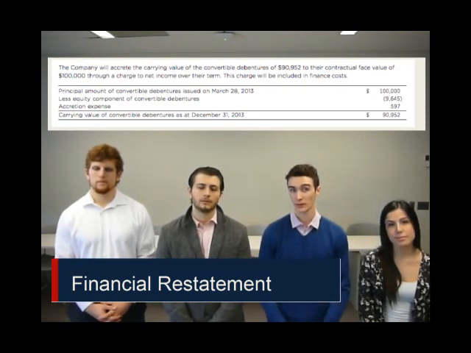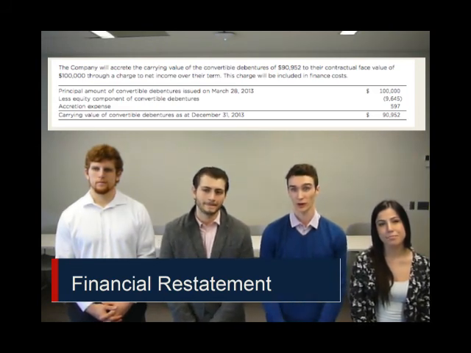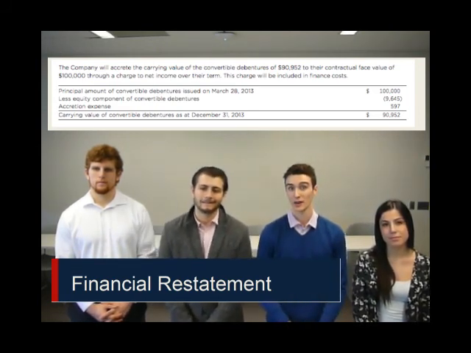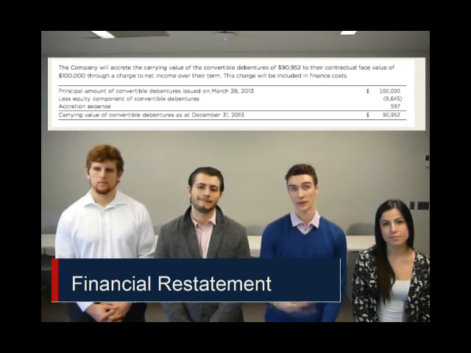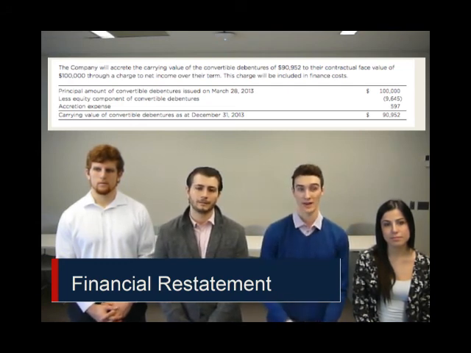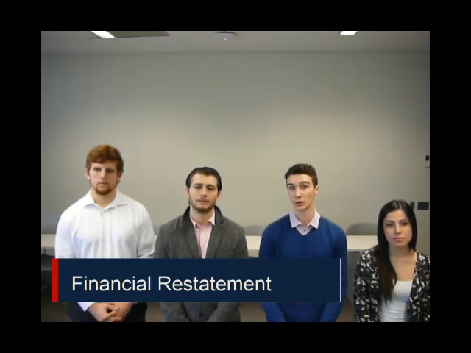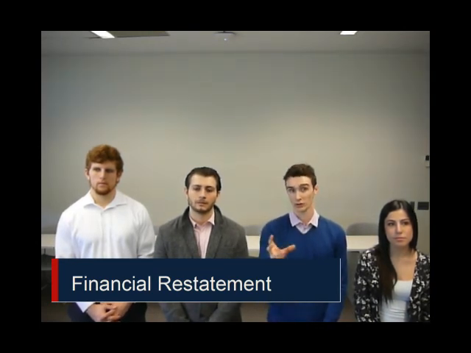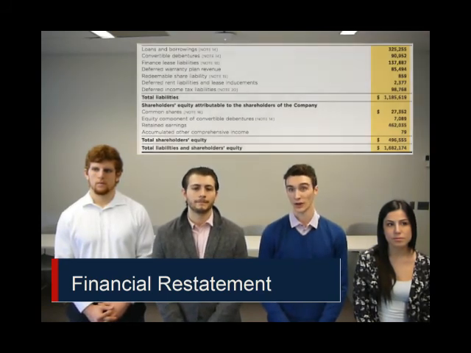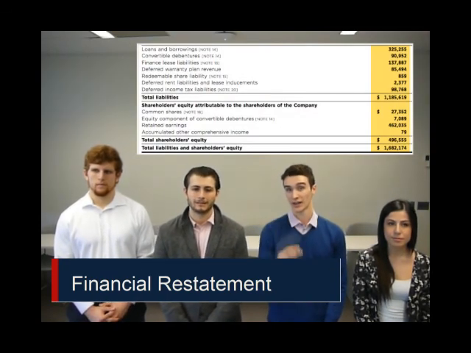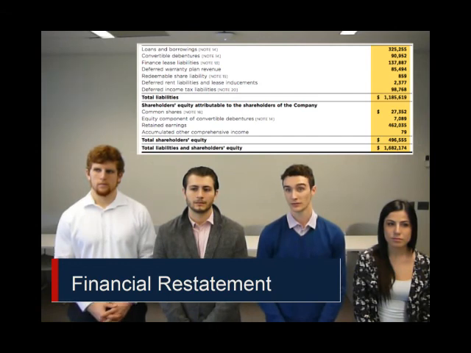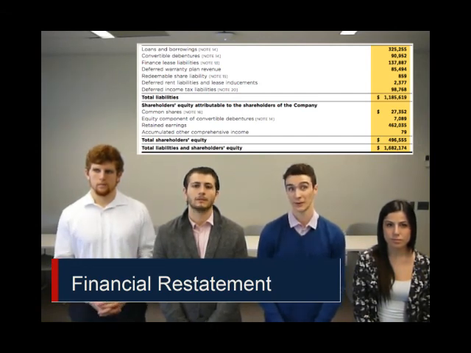So then for the financial restatement, here we have a convertible debt with Leon's Furniture, and the initial carrying value was $100,000, but $9,000 of that was for equity, and the remainder was for debt, and then there was a small portion of accretion. So under ASPE, this equity portion would turn to zero. If we move on, we see on the balance sheet how they have on the second line 90,952 in debt.